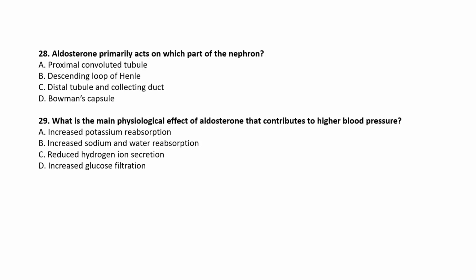It's increased sodium and water reabsorption, so you are retaining all of these via the distal parts of the nephron and the kidney. And aldosterone comes from the adrenal gland. I don't think I have questions on that, but that's just to remind you. It works directly on the kidney and increases sodium and water reabsorption, leading to increased blood pressure.